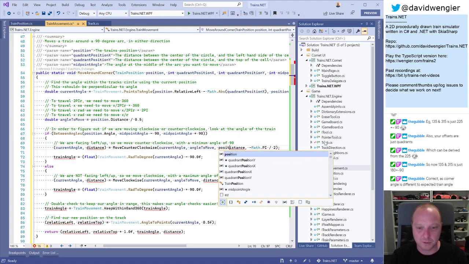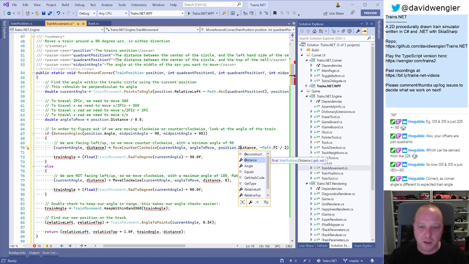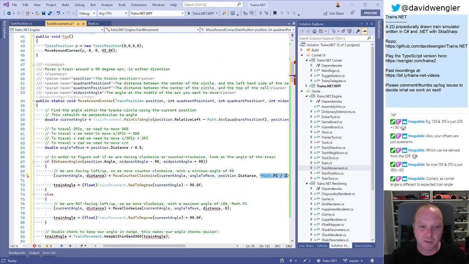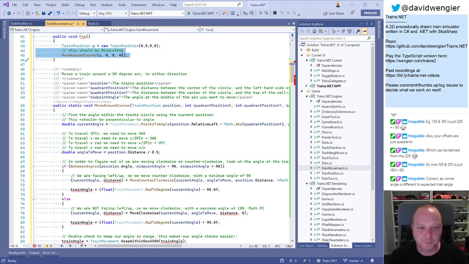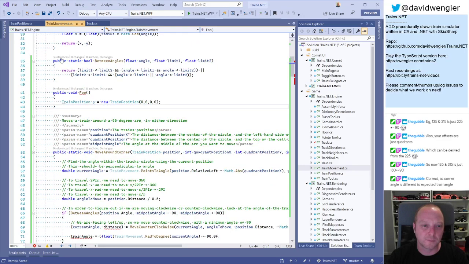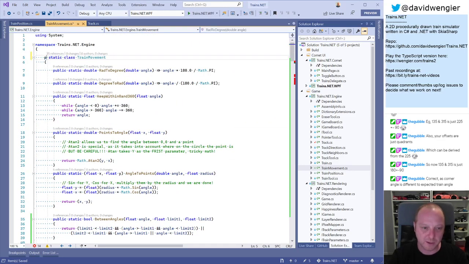So distance is position dot distance. Now this one is minus 90, but I'm going to get rid of the radians here. So 45 is our midpoint. This should be move left up. Actually, you know what? I just realised why you made this public.